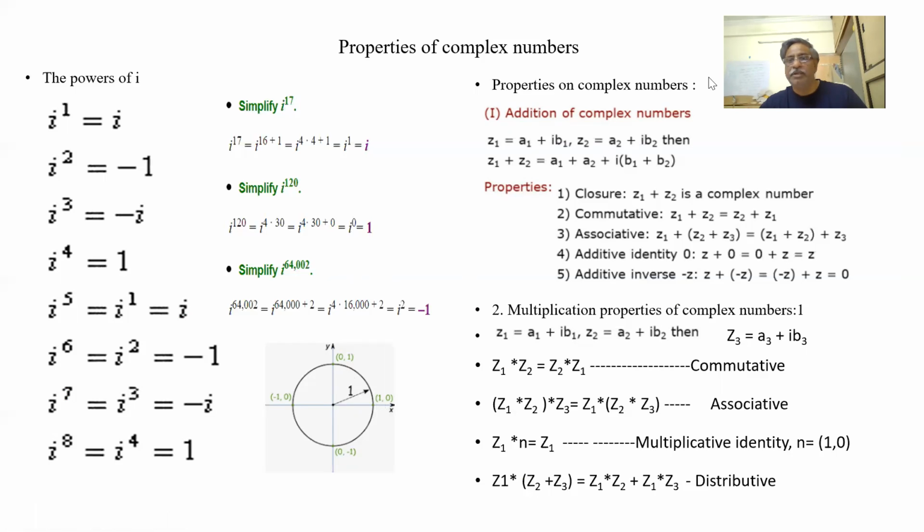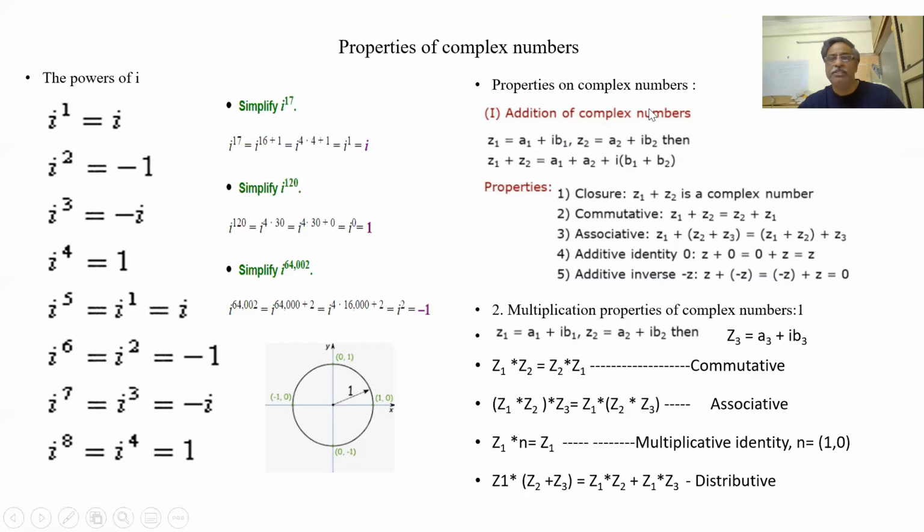So let us see some properties of complex numbers. Suppose a complex number a plus ib can be called Z. It can be x plus iy, like that. Take Z1 as a1 plus ib1 and Z2 as a2 plus ib2.